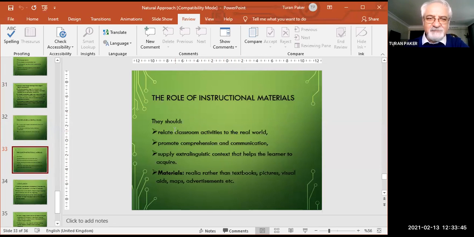And for the instructional materials, they should relate classroom activities to the real world, because the more we bring the real world to the classroom, the more we prepare our students for the real world. And we promote comprehension and communication, supply extra linguistic context that helps the learner to acquire. And materials could be realia rather than textbooks: pictures, visual aids, maps, advertisements, etc. And even these are obsolete now.